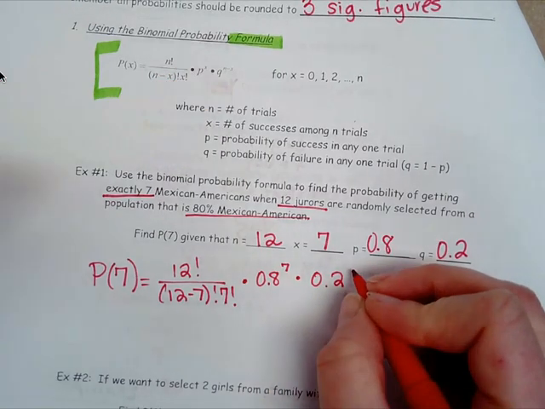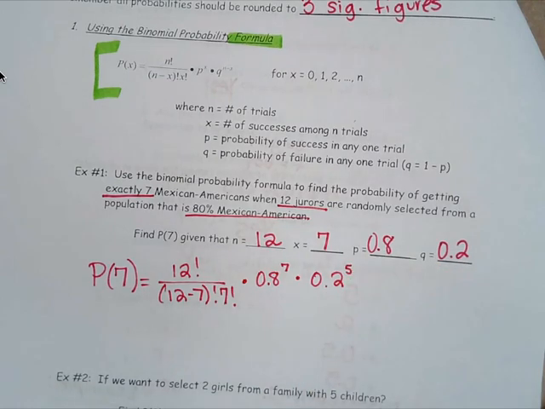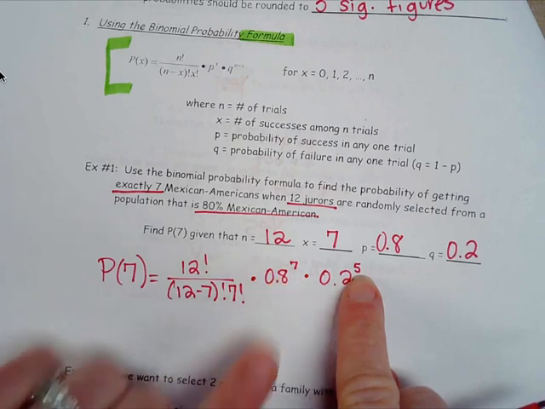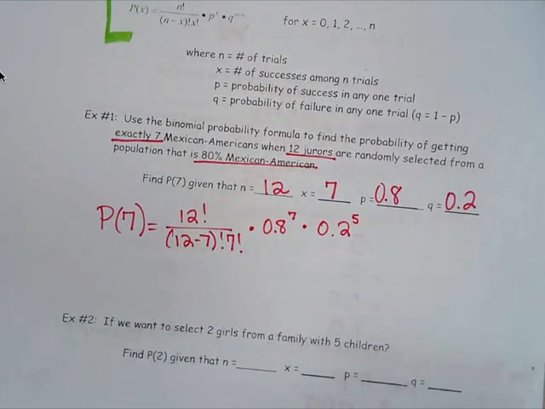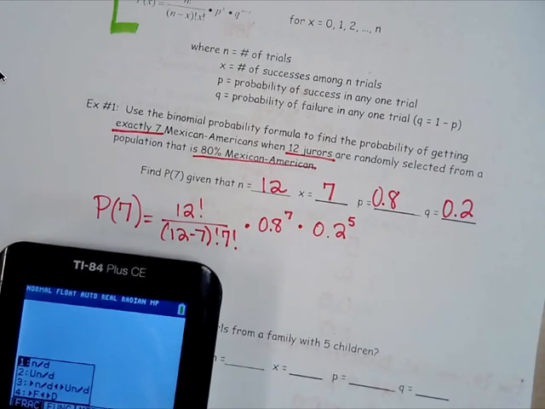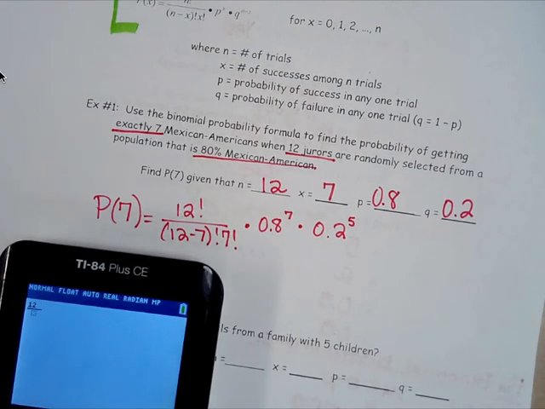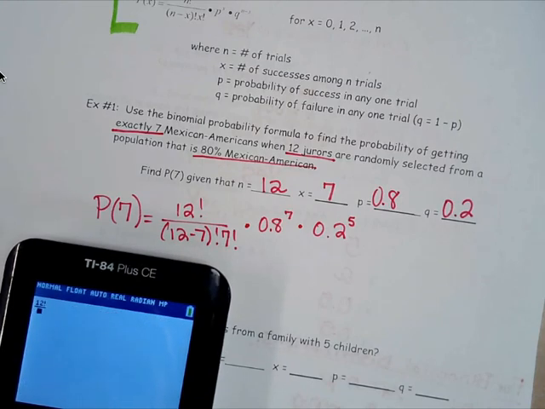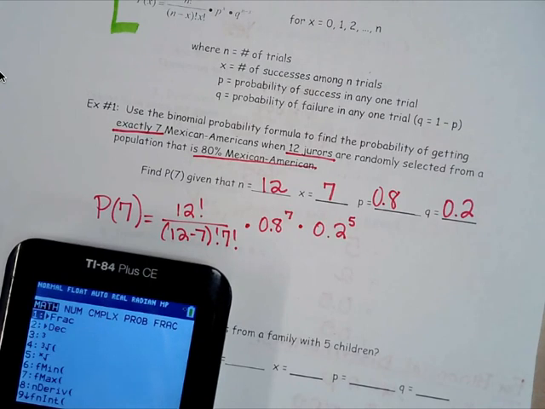So the other trials would be 5. There'd be 5 left. So these two exponents should add to be your total number of trials. And we can plug this into the calculator. Almost forgot where factorial was. That's under math probability.